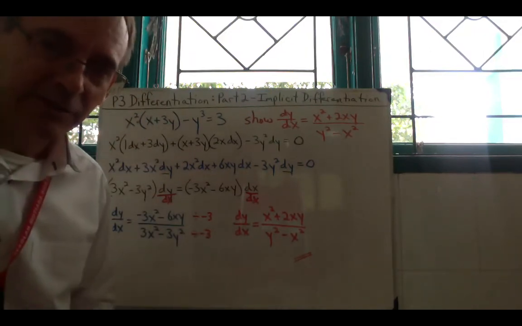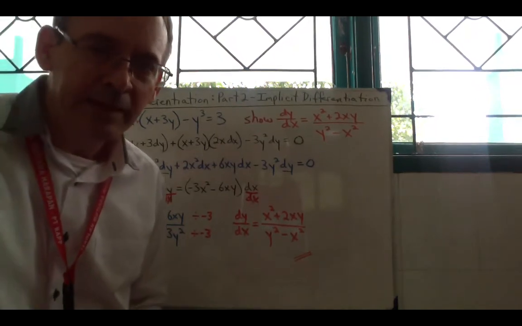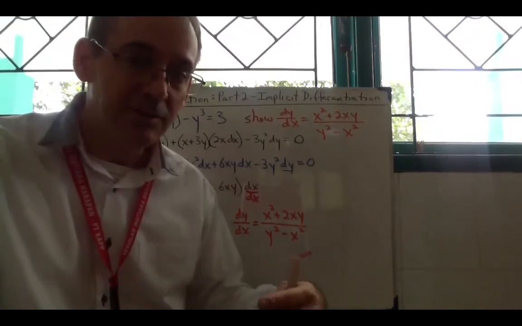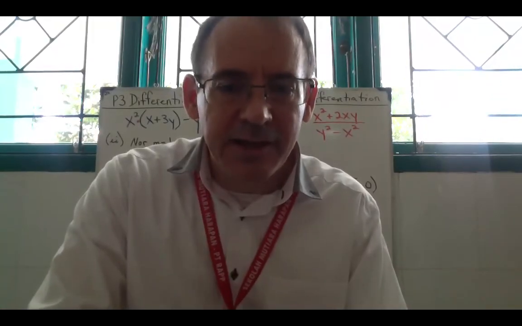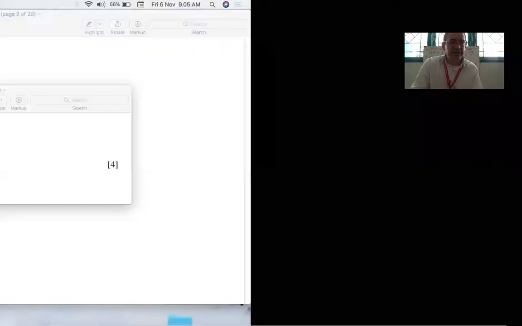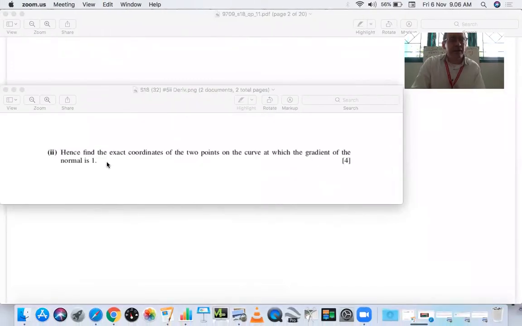Now let's go back and look at the second part of the problem and see what application we're supposed to do with it. Okay, the second part of the question says, hence find the exact coordinates of the 2 points on the curve at which the gradient of the normal is 1.